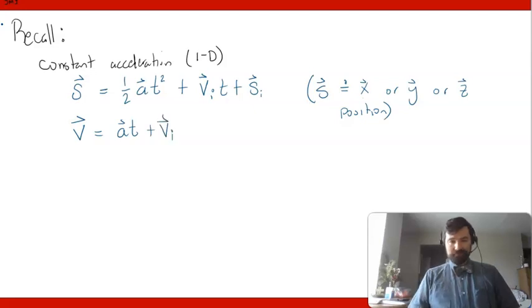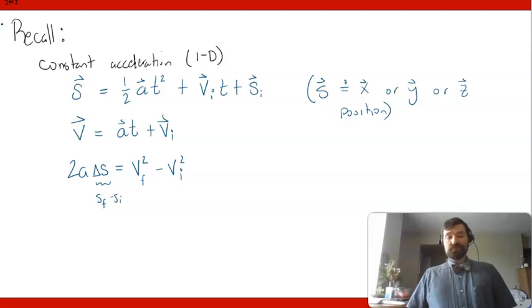And then 2 times the acceleration times the essentially distance traveled, or magnitude of displacement, is your velocity squared minus your initial velocity squared. And so this could be your final velocity, and this right here could represent s final minus s initial. So what's different when we go into 2D motion?